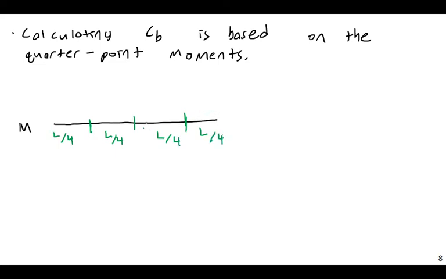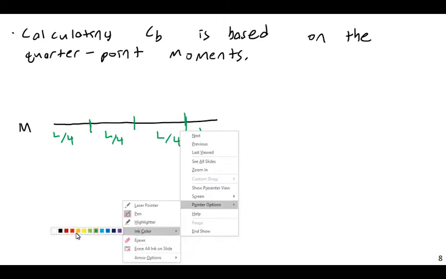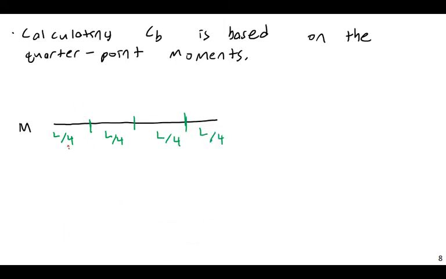So I divide the beam up into quarters, and then I look at the moment diagram of it. So let's say we have just the same kind of generic moment diagram like before. Something like this. I have moments A, B, and C. MA, MB, and MC, these are the quarter point moments.